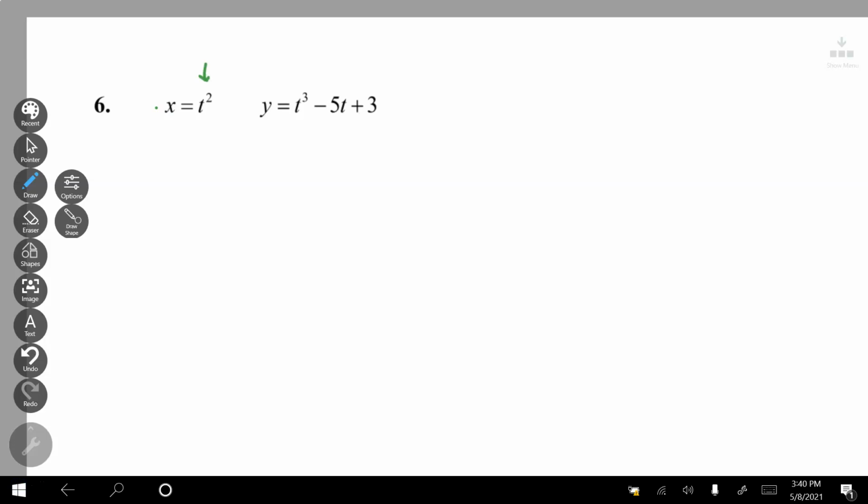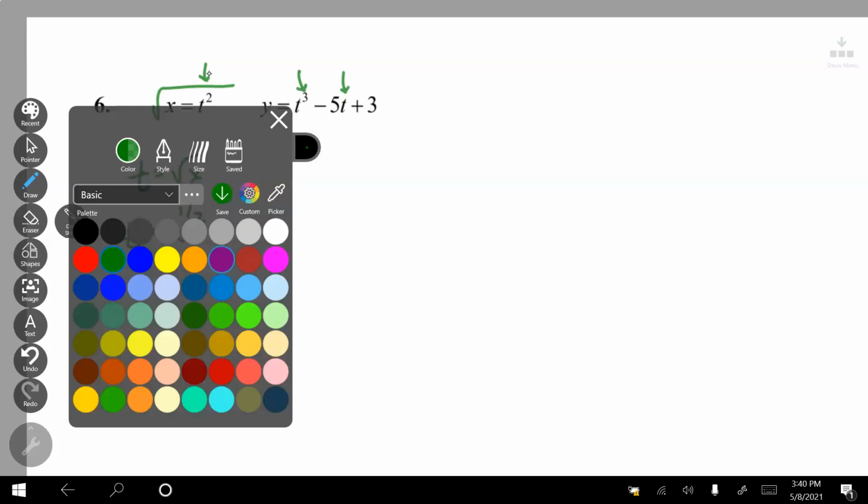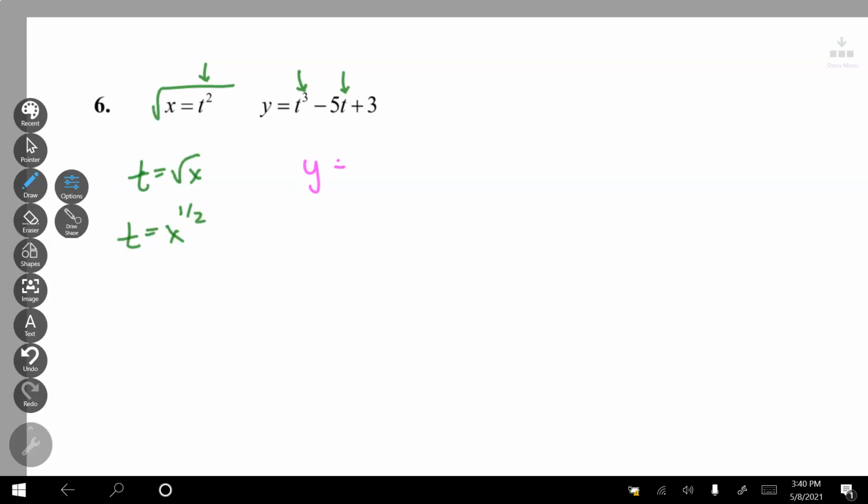I'm going to solve this for this t by square rooting it. t is equal to the square root of x, or t equals x to the 1/2. I have to put in for both these t's. So when I do all this, I get y equals x to the 1/2 cubed minus 5 x to the 1/2 plus 3.